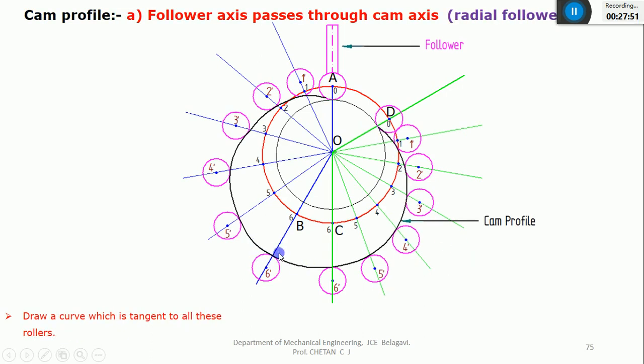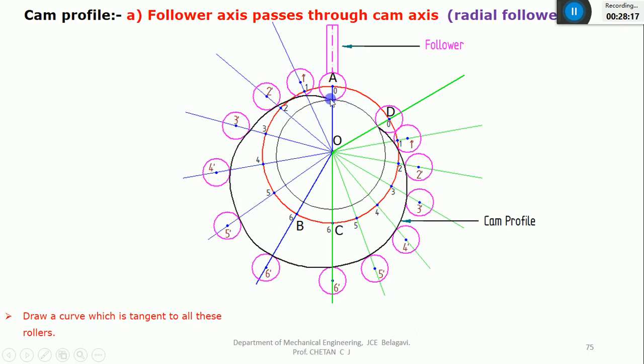You can see the black color curve which started from this base circle and is tangent to all these circles, that is these circles with respect to 1 dash, 2 dash, 3 dash, 4 dash, 5 dash, 6 dash, again 6 dash, 5 dash, 4 dash up to 1 dash and this 0. So the curve will be tangent to all these rollers. Okay, and I'll complete this cam profile up to this.